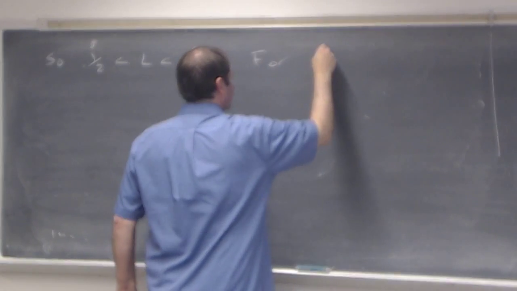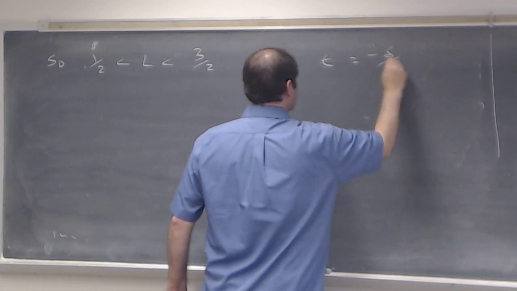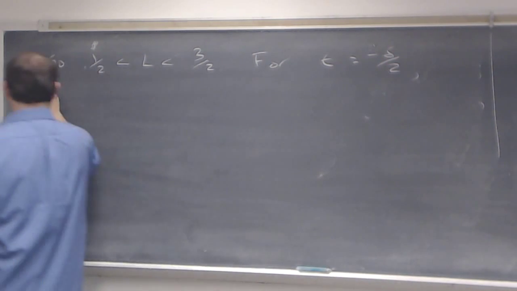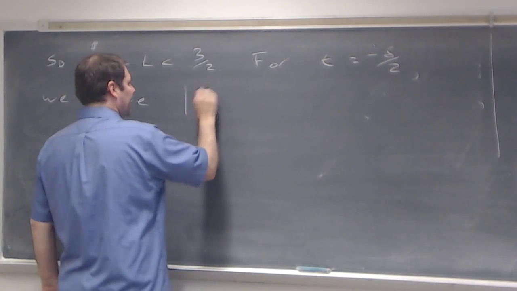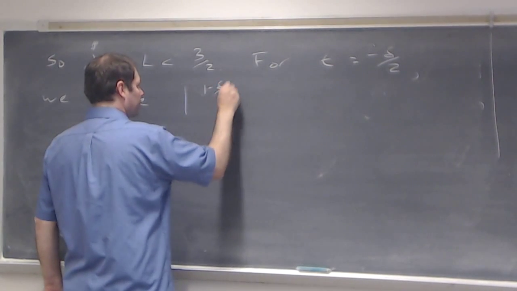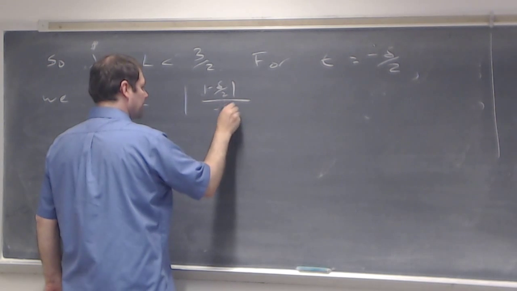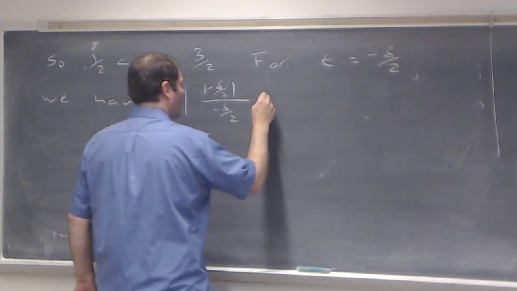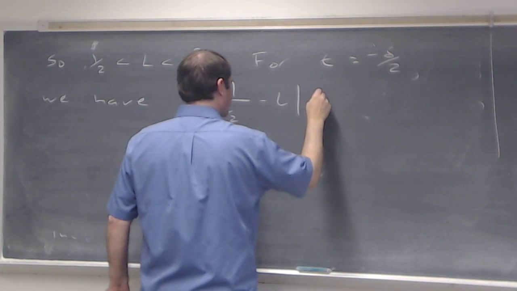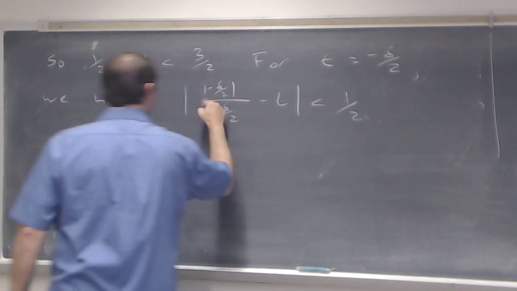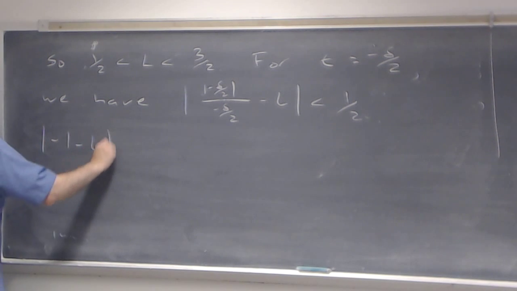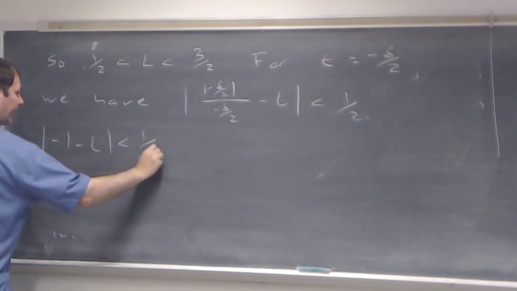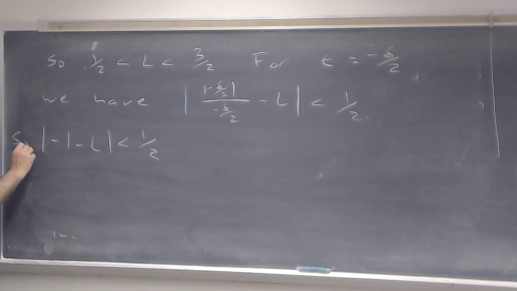Now for t equal to minus delta over 2, we have the absolute value of minus delta over 2 over minus delta over 2 minus L is less than 1/2. So this is delta over 2 over minus delta over 2, so that's minus 1 minus L is less than 1/2.